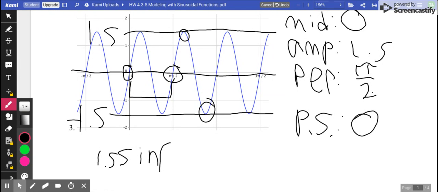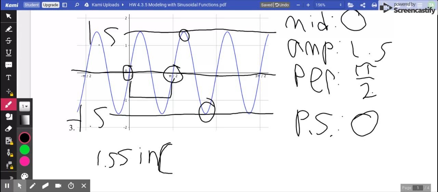We know that in the equation, the number in the equation that equals the period is 2 pi divided by that number.